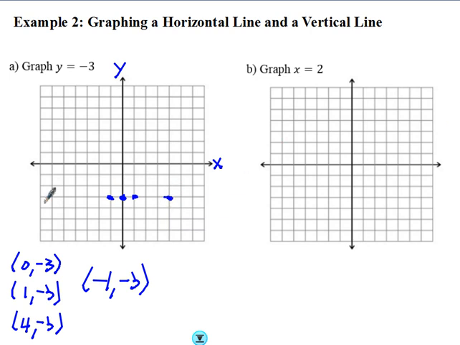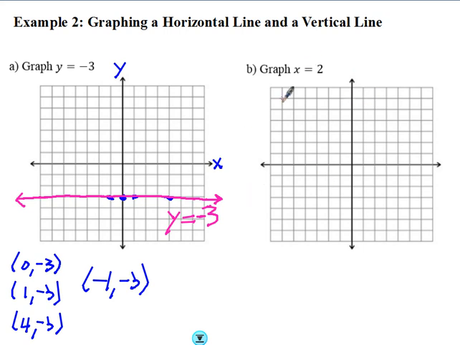And if you connect these points, the line that crosses all of these points is a horizontal line. So when the graph has y equals a number, it's always going to be a horizontal line. And again, you have to write its equation. And y equals -3.